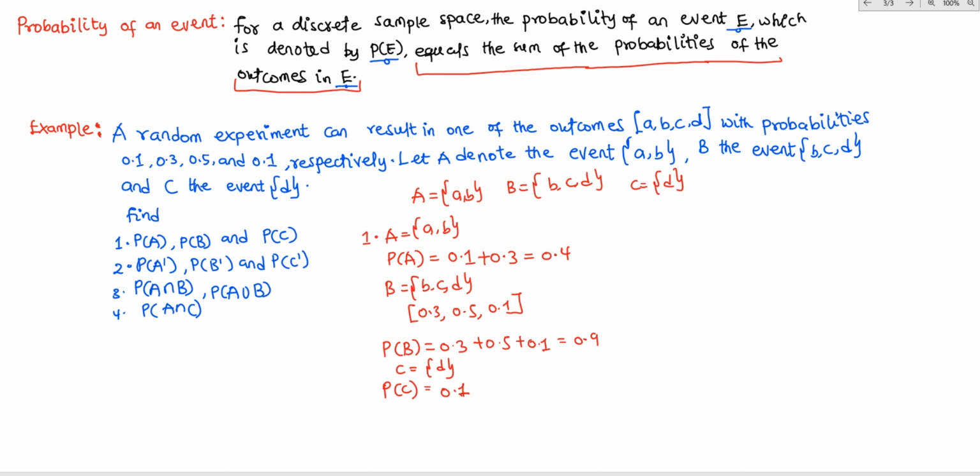So now let's look at the second part of the question. Question 2 says that we should find the probability of A complement.